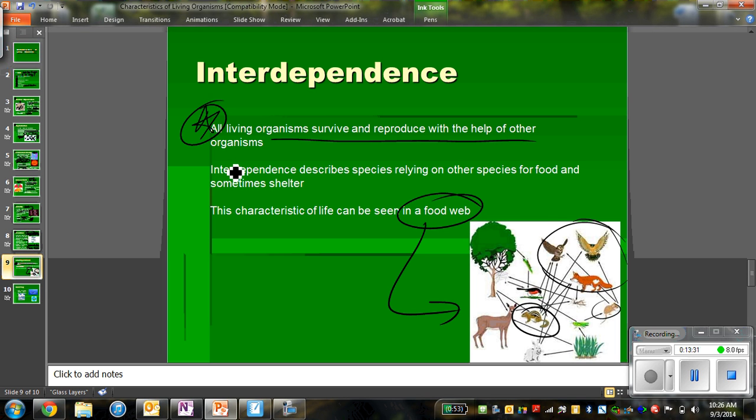You can't do it alone. Even plants will rely on the nitrogen in the soil from other organisms to be able to do a lot of their chemical processes. So even though plants may use the sun for energy, they are also using things in their environment to do the rest of the chemical reactions they need to do.